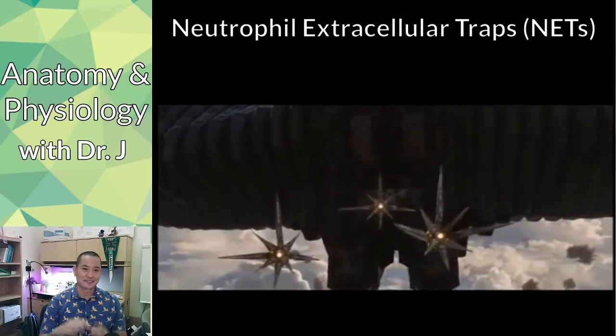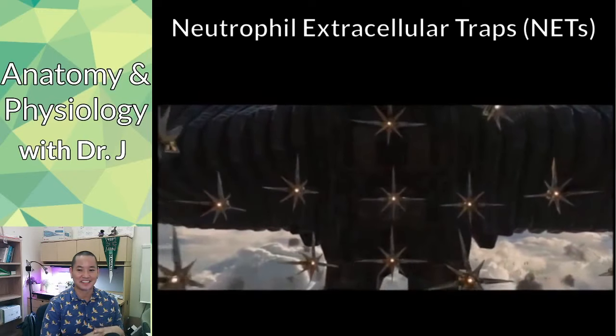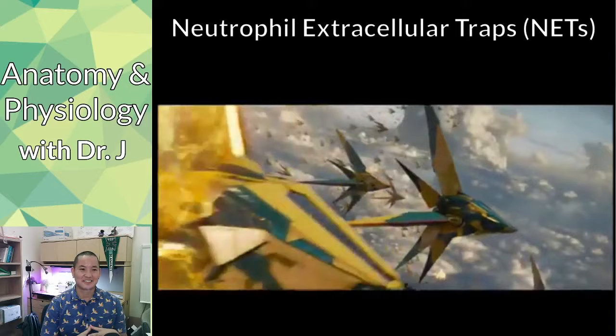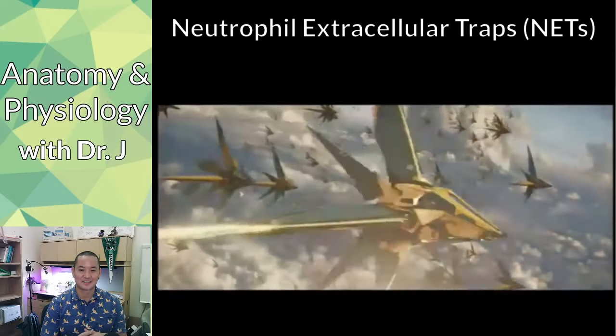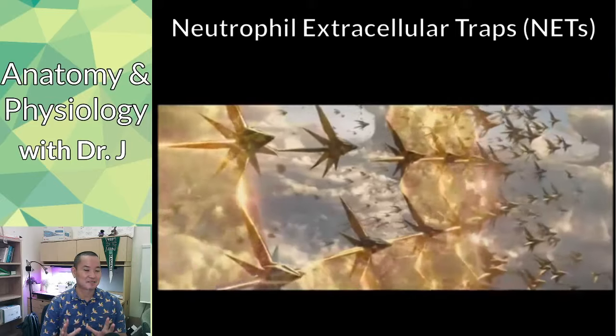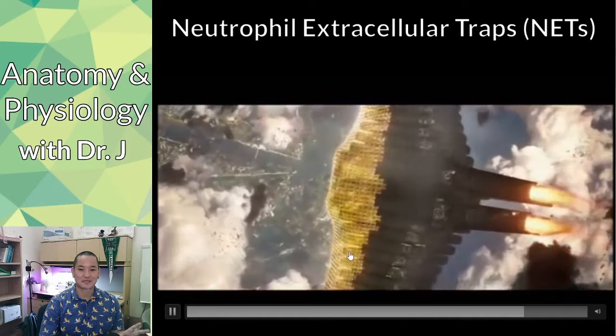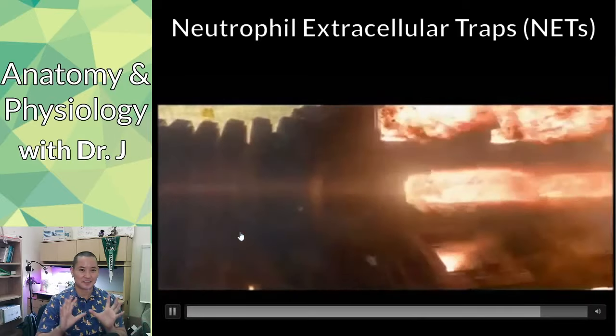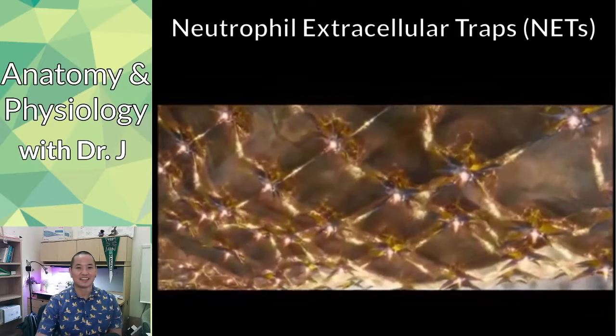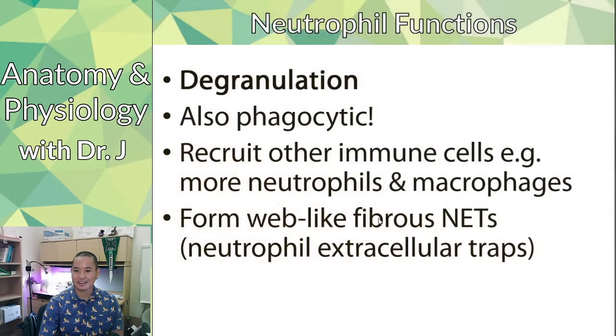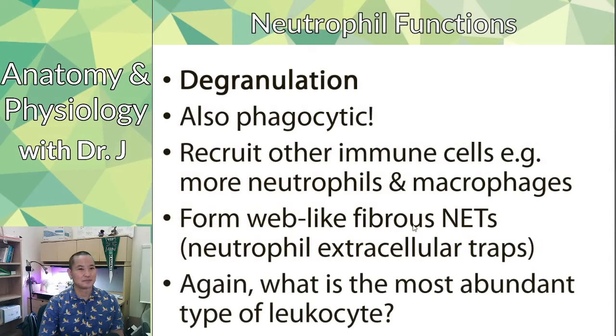We have this huge pathogen invasion coming in, so these little neutrophils are trying to make a physical barrier. That's how a net works. You have all these neutrophils sending out these protein fibers that help form a physical barrier that impedes pathogens from invading. So what is the most abundant type of leukocyte? Neutrophils. They're the first responders, and there are a lot of them. This is why you make a lot of neutrophils.